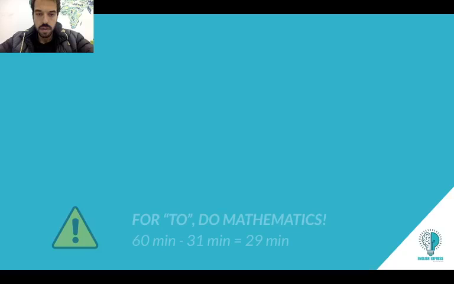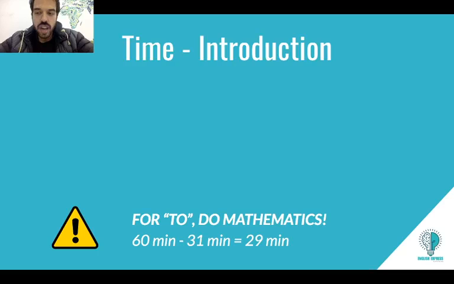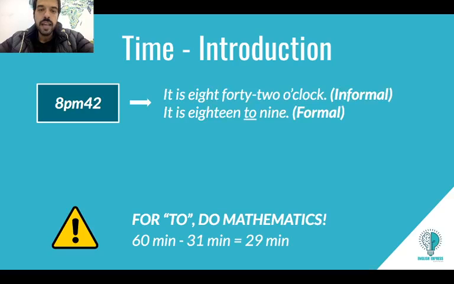So let's keep our learning. For to, we need to do mathematics, right? So let's check our other examples. 8 p.m., 42. We can say it is 8:42 o'clock, which is the informal one, simple, easy, beautiful.